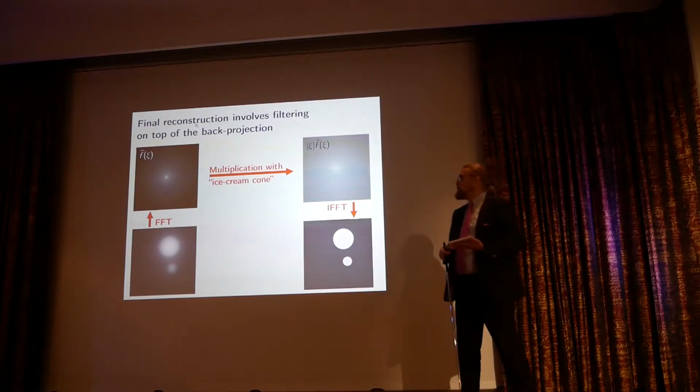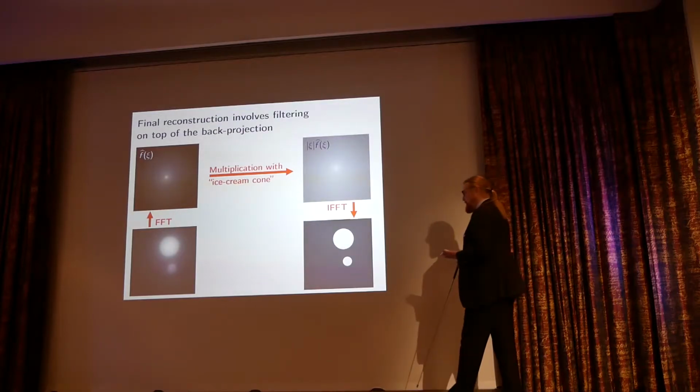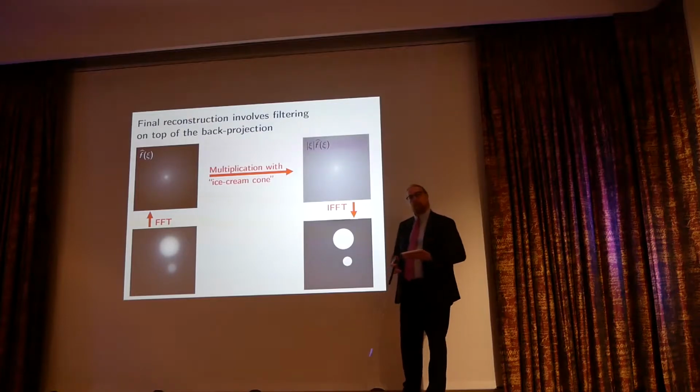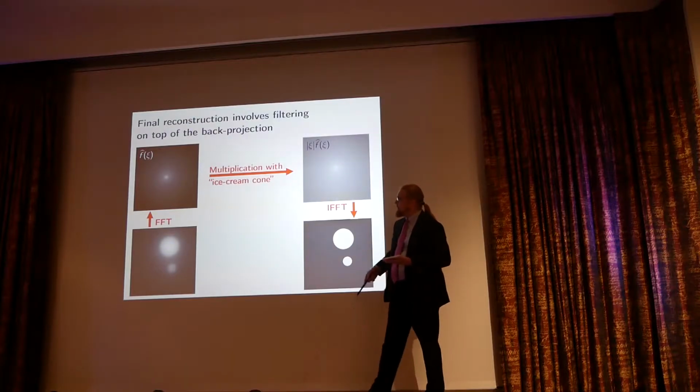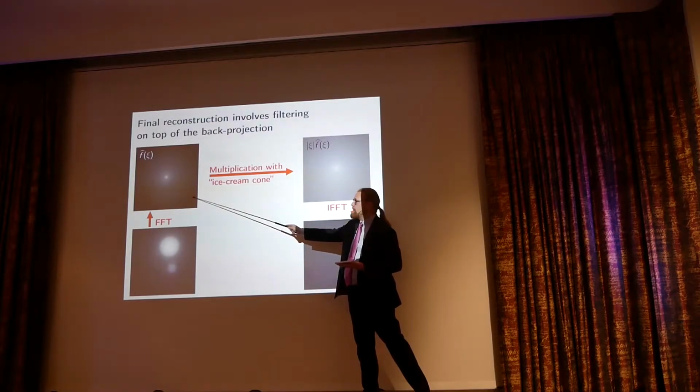For the filter, I'm using something I call multiplication by the ice cream cone, which I'm afraid is a very technical step. We are following the famous French professor Joseph Fourier, who defined the so-called Fourier transform that takes any image into a so-called frequency domain.